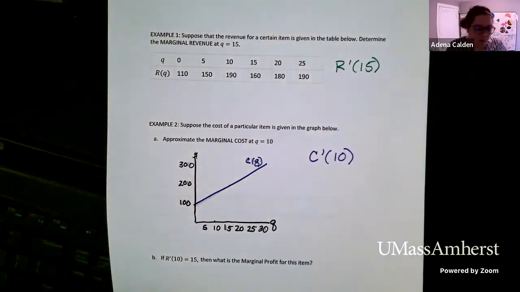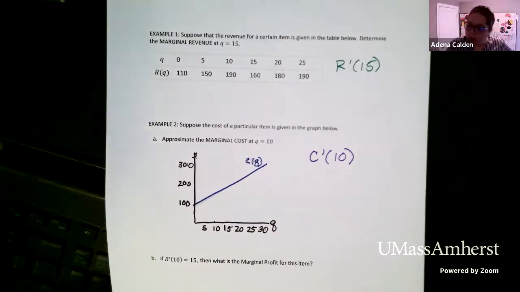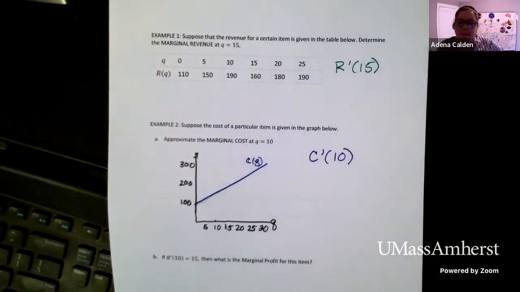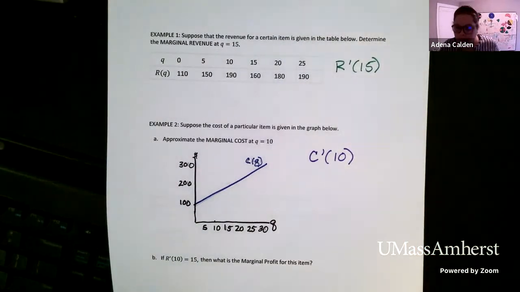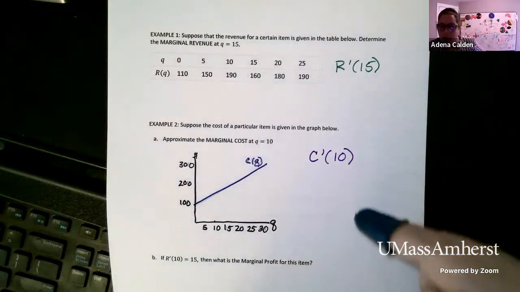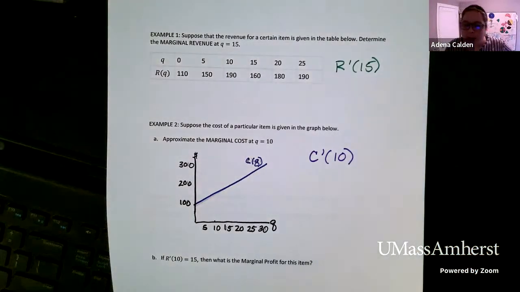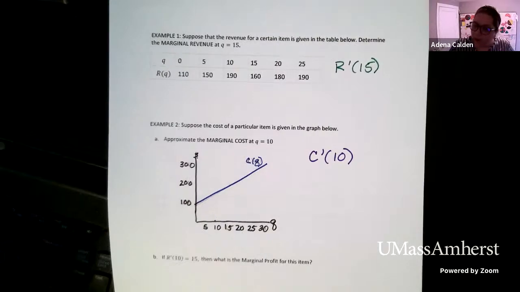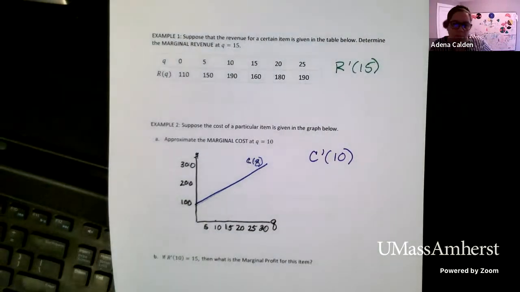I want you to take 3 minutes and see if you can try out these two problems by applying what we know about approximating derivatives on a table and on a graph, and remembering that we always have to use a right-hand approximation in business.